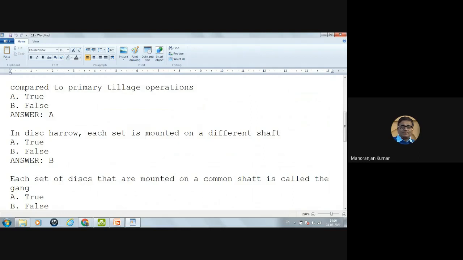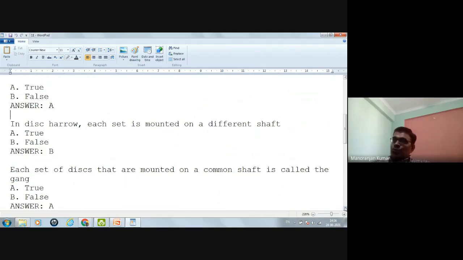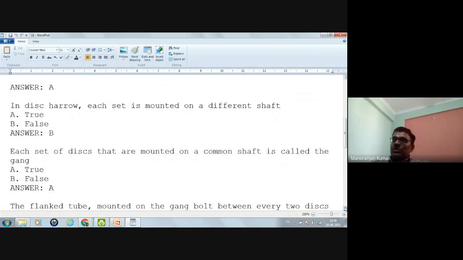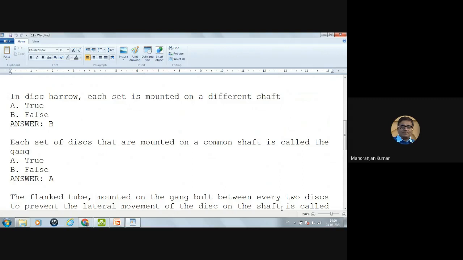Each set of discs that are mounted on a common shaft is called a gang. Yes, it is true. It is known as the gang. The flank tube, a small tube that is mounted on the gang bolt between every two discs to prevent the lateral movement of the disc on the shaft.